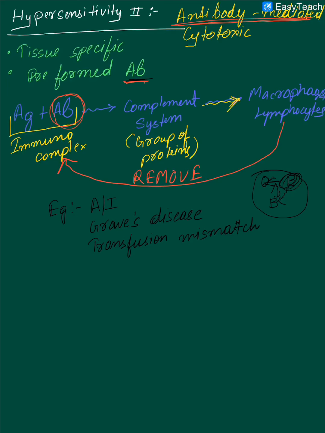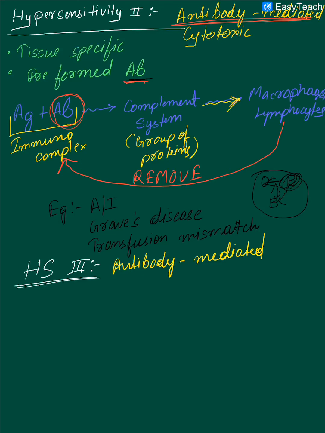Then comes the hypersensitivity, I will write it as HS type 3. What happens in HS type 3? Here again, we need to know that it is also antibody mediated. So again, what will happen?